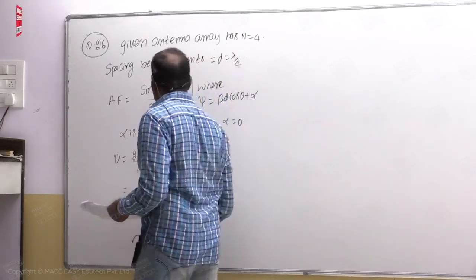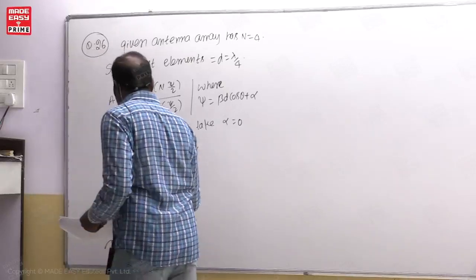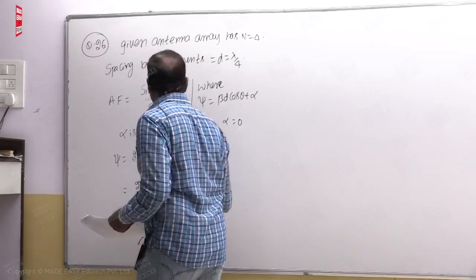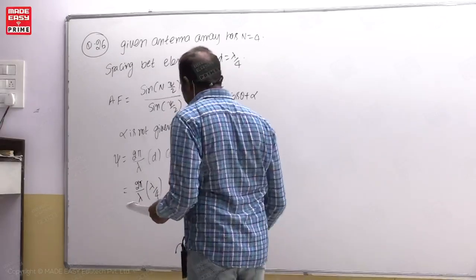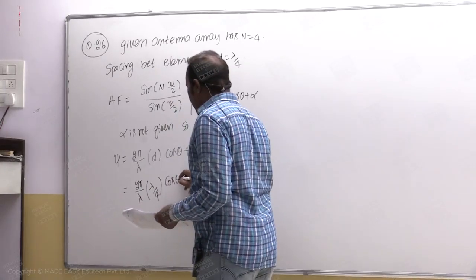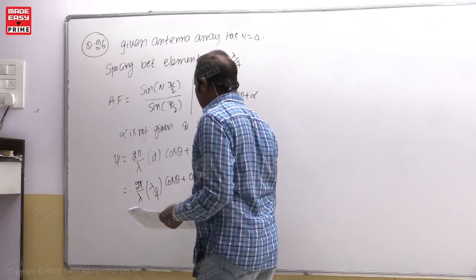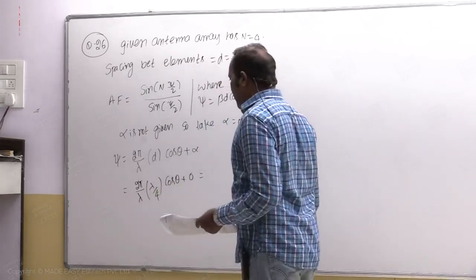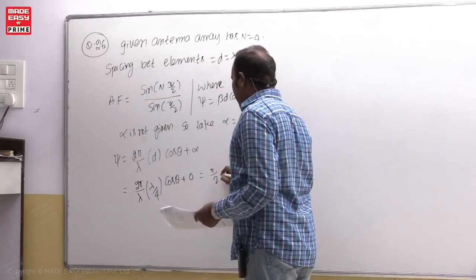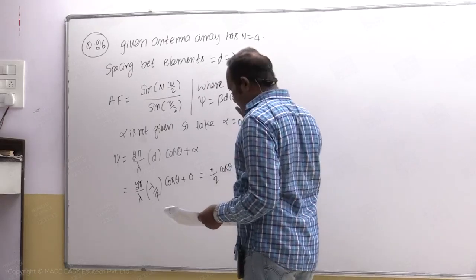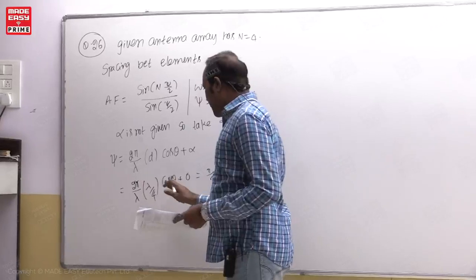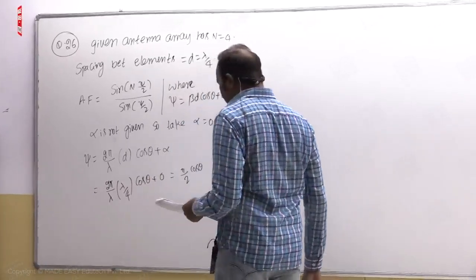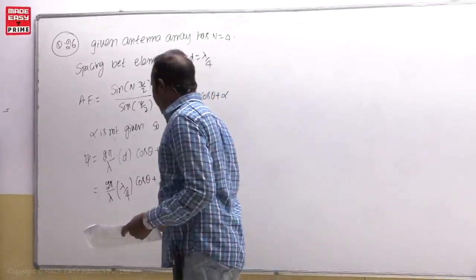Now let us calculate this. 2 pi by lambda, d is given as lambda by 4, and it is cos theta you take as it is, alpha not given means 0 you take. So lambda gone, you get pi by 2 cos theta, right? Now substitute in array factor.